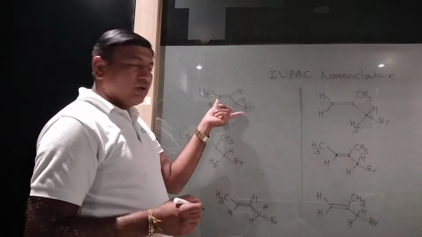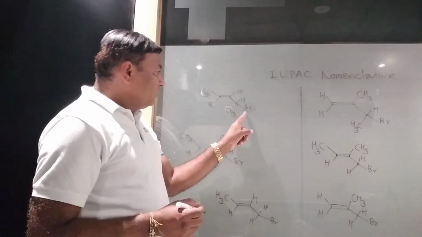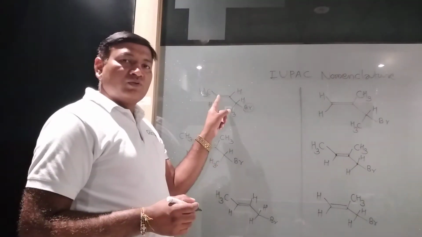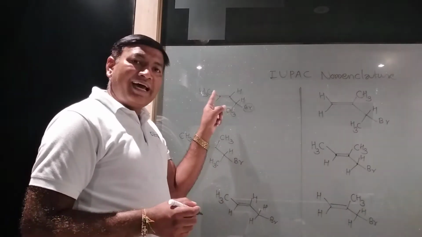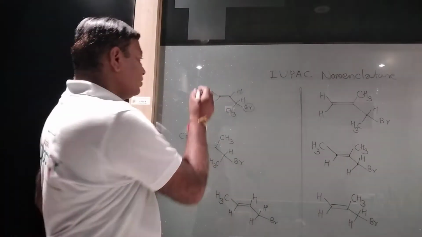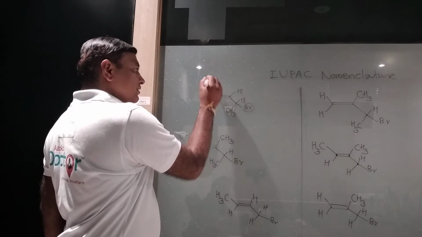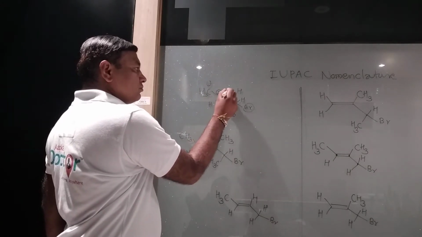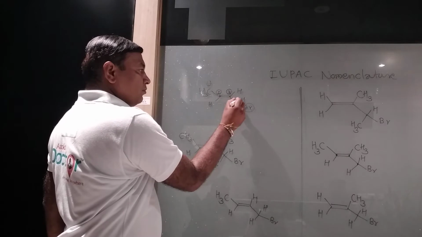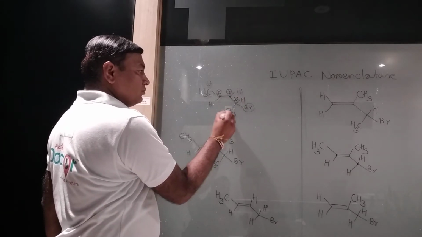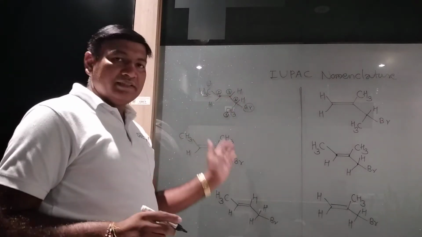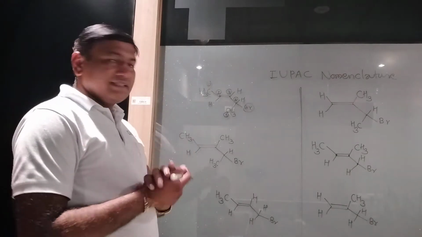So as per the rule, if bromine is there and alkene is there, we have to give preference to the alkene. So our numbering for this one is 1, 2, 3, 4, and 5.